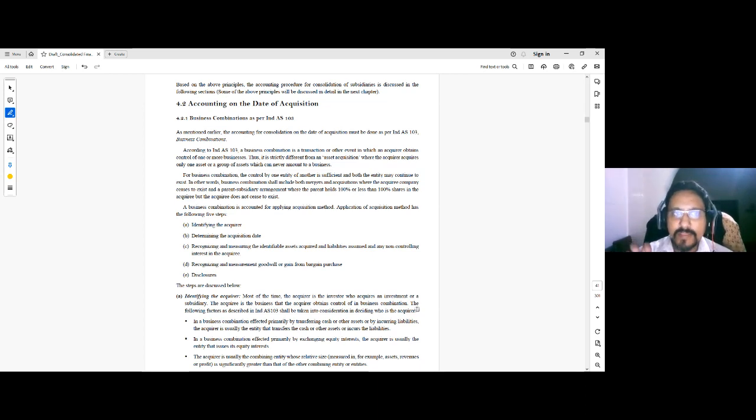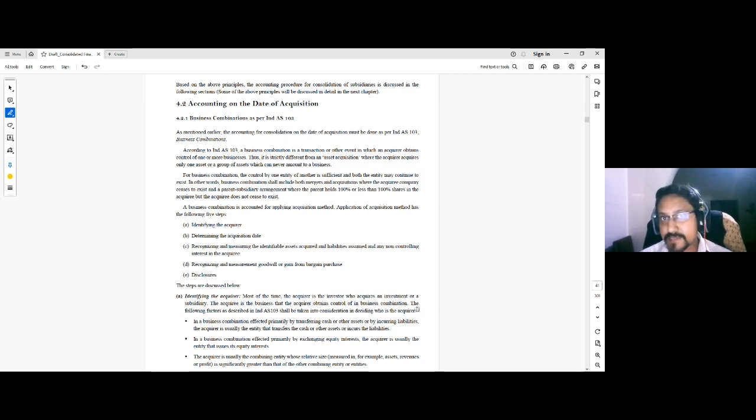So acquiring a group of assets does not mean you need to go for consolidation. You simply add those assets to your own. You need not prepare a consolidated financial statement. But when you are acquiring the controlling interest of B Limited and thereby taking up or controlling the business of the other company, then a consolidated financial statement will be required.